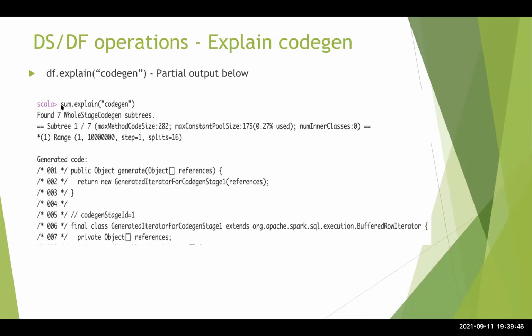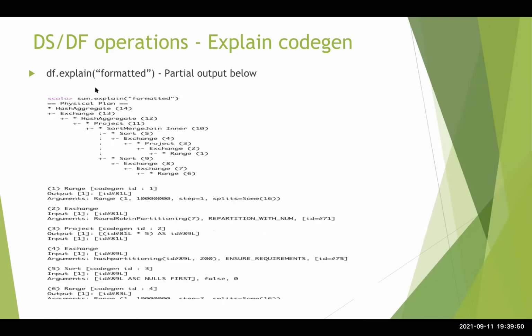So if you want to see that code, you can see this. The last one is formatted. If you want the formatted output, you can pass df.explain and pass formatted. This is how your output gets printed, and then it has 1 2 3 4 5. That's how you see the physical plan output in a formatted way.